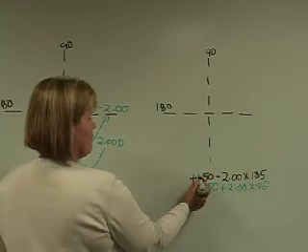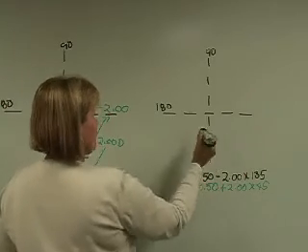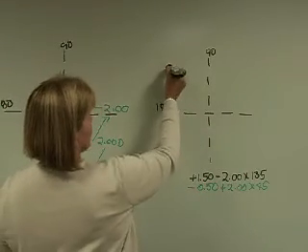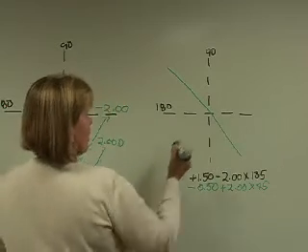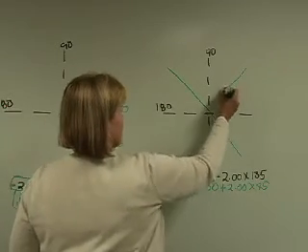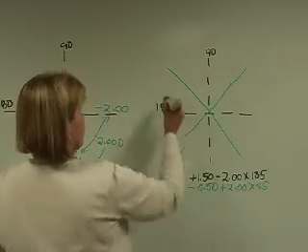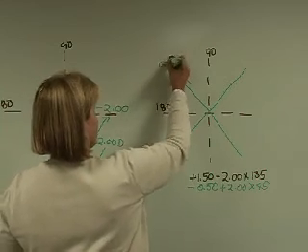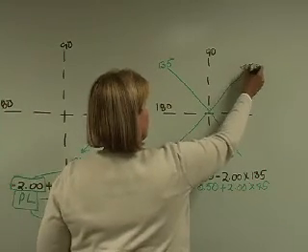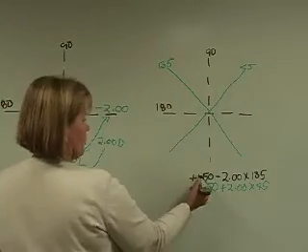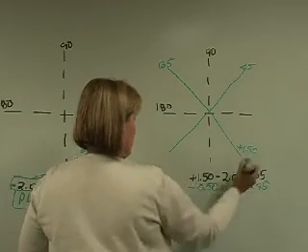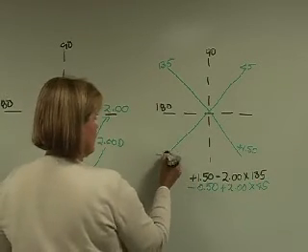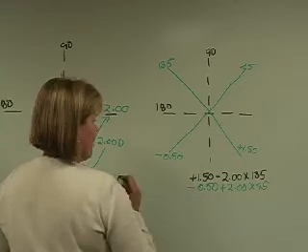So now we can put the 1.50 that belongs at 135, and we have to draw 135 in here, and that's split right between those two. And then 45 will be at a 90-degree angle to 135. And we can put the plus 1.50 at 135 and the minus 0.50 at 45.